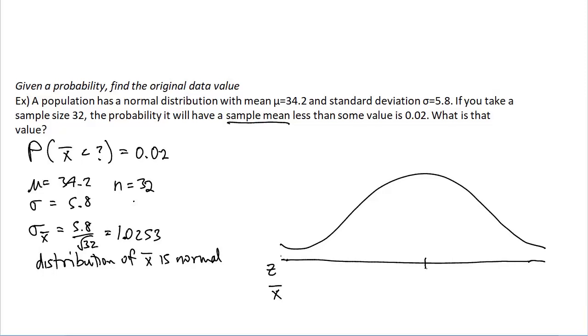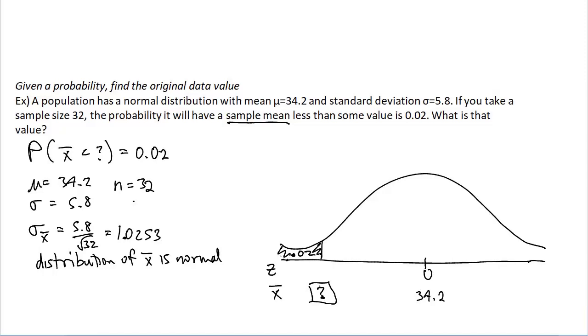So for z, we always have 0 in the middle, and for x bar, we know that the mean is 34.2. Now we're told that there's some value, so the probability of being less than that is 0.02. So that's that area right there. And what we're being asked is, what is that particular x bar value? That's the thing that we need to find.